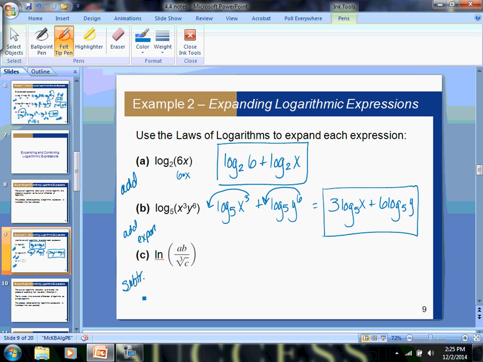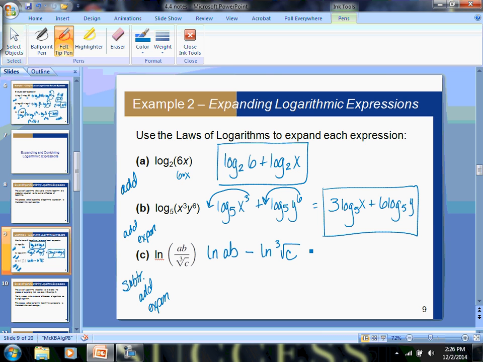So we'll break that apart with some addition. And then I also have this cubed root of c. And I could rewrite that as a fractional exponent and then drop that exponent down. So there's actually 3 steps we're going to be doing for this one. But first, let's start with our division, because that's the most obvious one there.